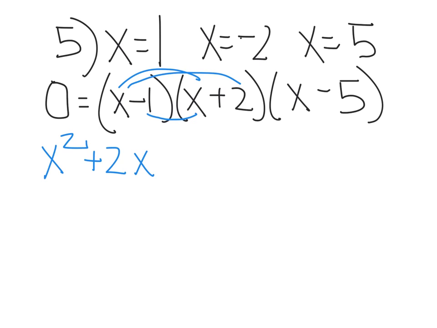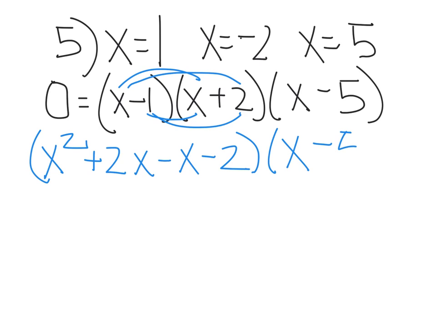And -1 times x is just -x. -1 times 2 is -2. Now what I need to remember to do is this needs to stay in parentheses because I'm still multiplying this by x minus 5. That's usually the biggest mistake people make.